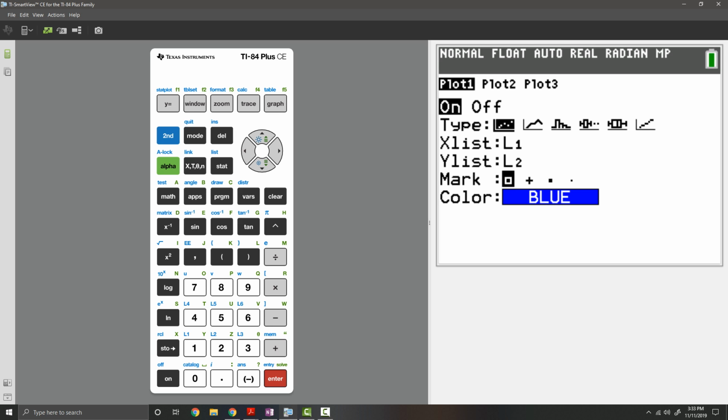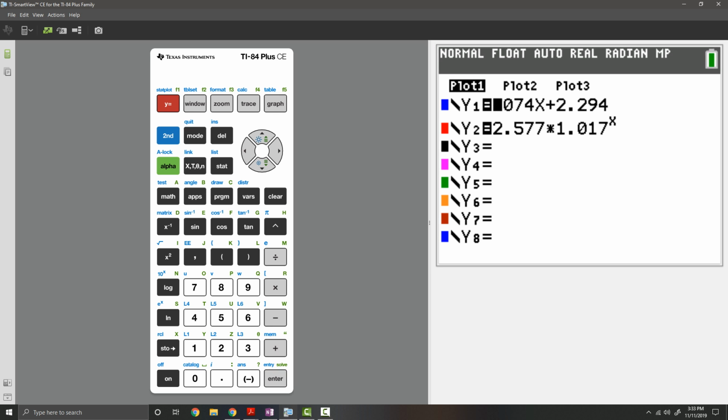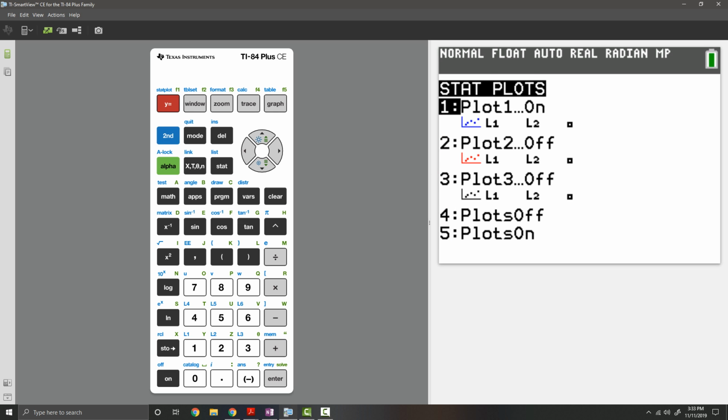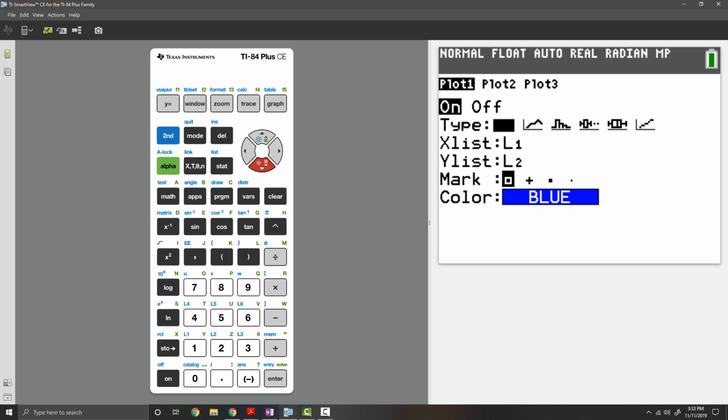We can pick what we want the mark to look like and the color. If I go back to y equals, I'm already using blue and red. So let me go back to stat plot and change the color of these points, so that in case they're on the line, I don't want them to be blue or red. So let's do green, right? So I have blue, red, and green showing up on the graph.